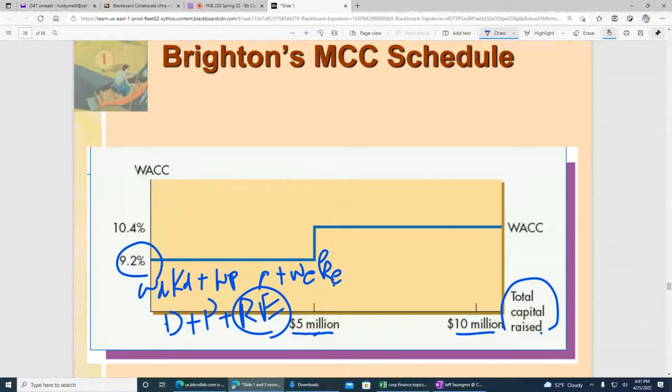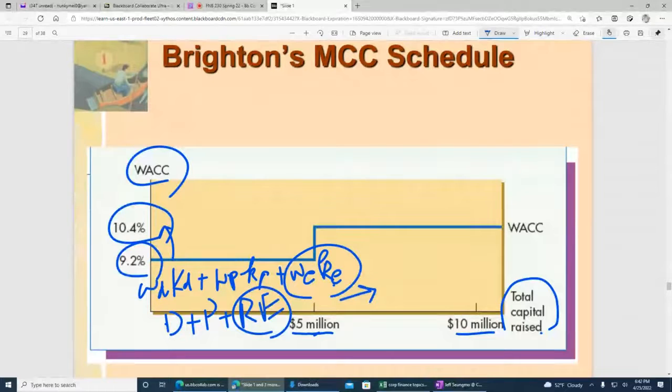Up to that point, up to 5 million, they can use retained earnings. So the weighted average cost of capital is 9.2. But the capital needed is 10 million. Then beyond 5 million, the weighted average cost of capital will have to jump to 10.4, because this is no longer retained earnings only, right?